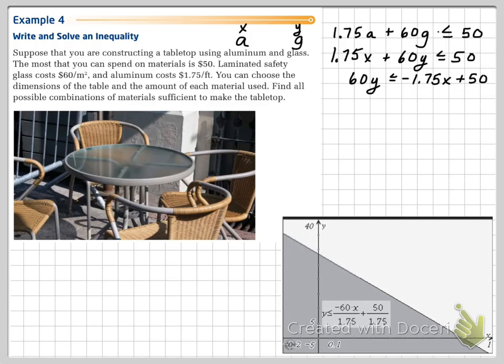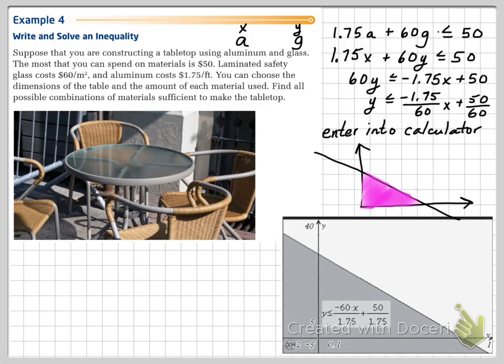Now, when you solve for y, just subtract 1.75x from both sides and divide both sides by 60. You don't have to even worry about reducing this. You can enter this into your calculator right now, just the way it is, with a slope of negative 1.75 divided by 60.